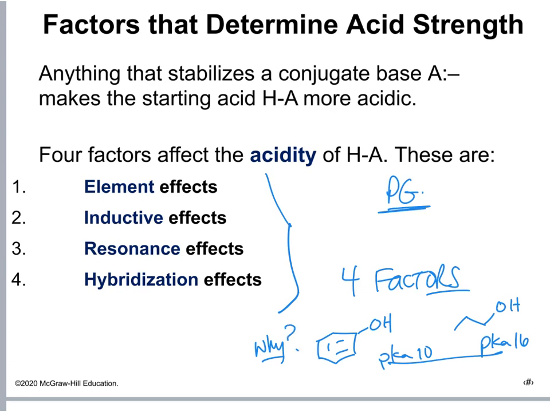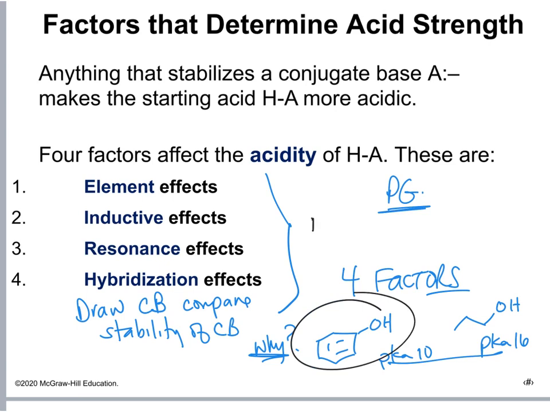When you're trying to explain why, you always draw the conjugate base and you compare the stability of the conjugate base. So what's the conjugate base of this one? Well, the conjugate base would be this. What's the conjugate base of this one?